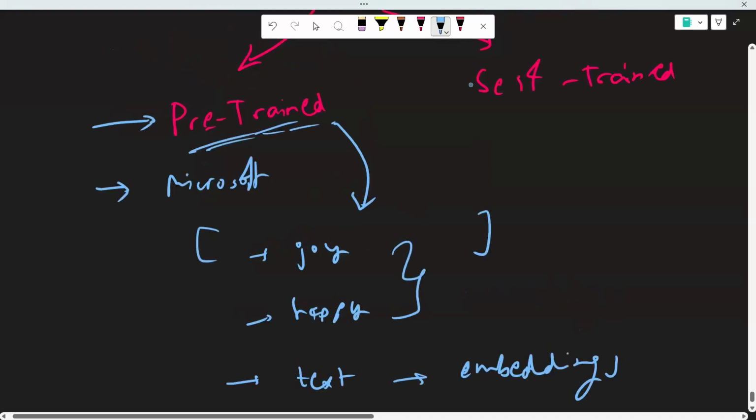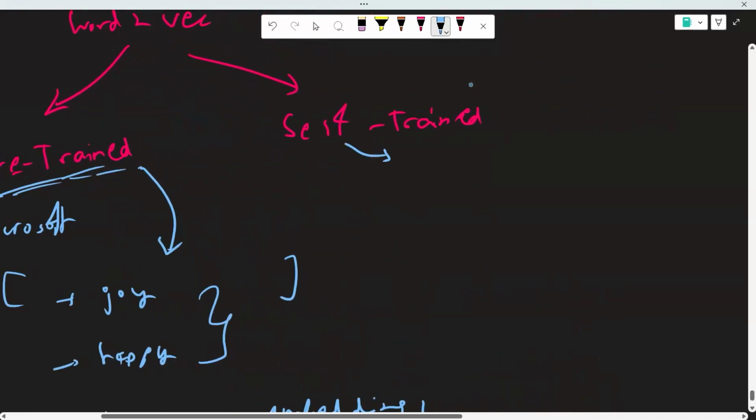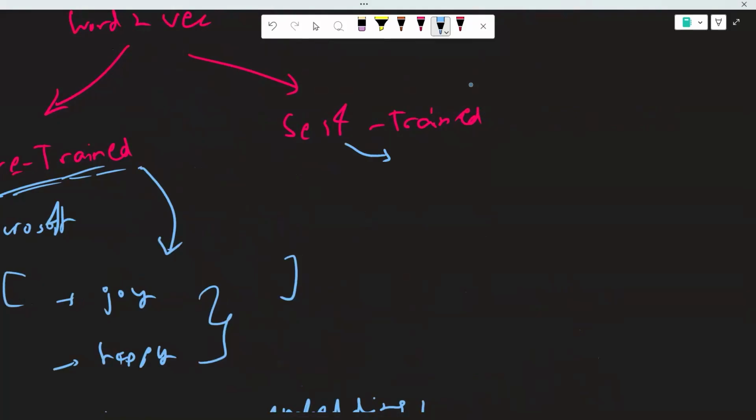Okay. The second option is self-train. So this is where you want to add your customization. Let's say you want to train your own model. The only sensible reason to use self-trained over pre-trained is this: if you're trying to do simple analysis using simple words which are very similar to, let's say, joy, happy, or any common English terms, why would you train the model again?